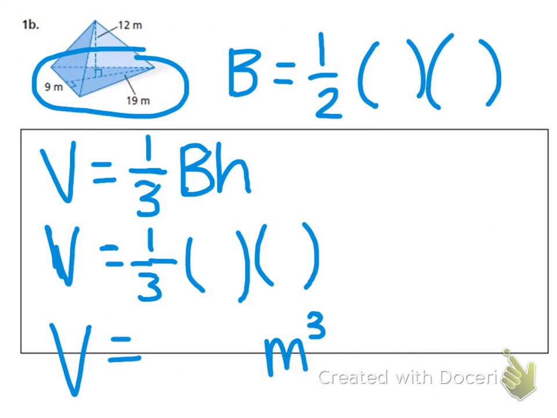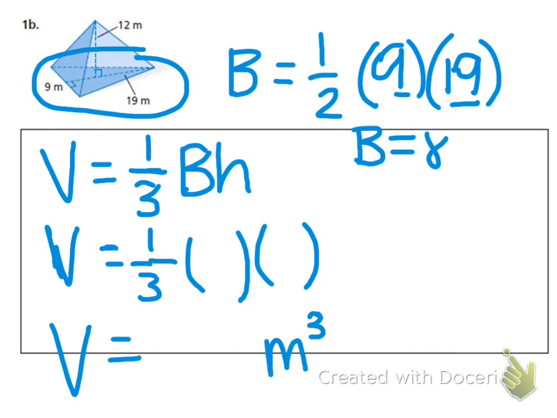Okay, we are on 1B, and we first have to find the base. Chris, can you tell me if this is a triangle or a rectangle? Excellent, it is a triangle. So, to find the area of a triangle, I must use 1/2 times base times height. So the base is 9, the height is 19. So my base is 9 times 19 divided by 2, which equals, Emily? 85.5.